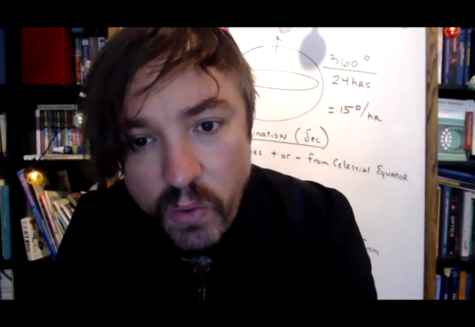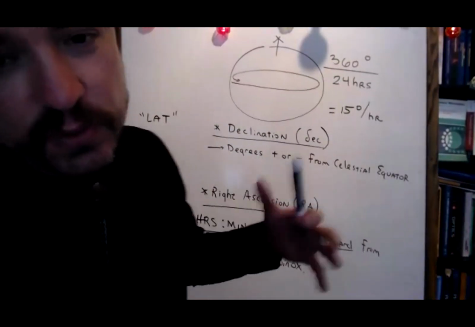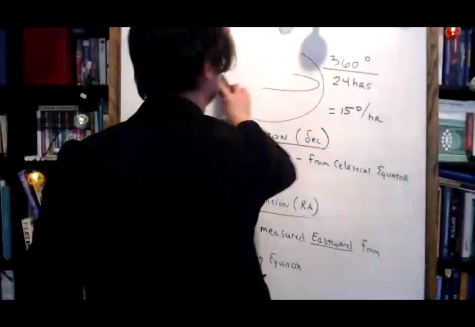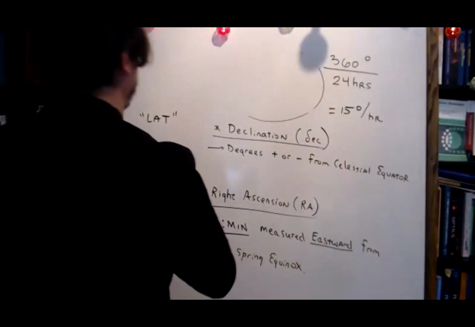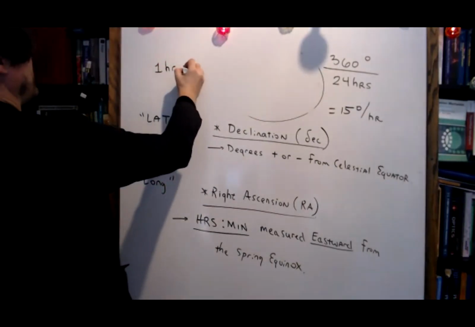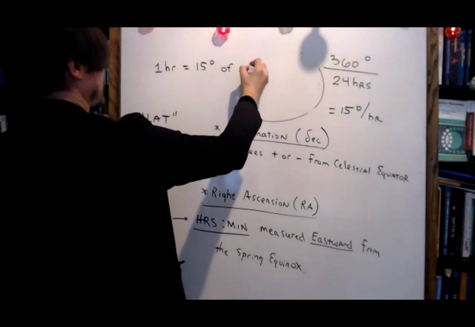Now, what that means, if you think about it, is that in astronomy there's this weird conversion factor that should not make any sense, but it makes perfect sense in astronomy. One hour is equal to 15 degrees of sky rotation.